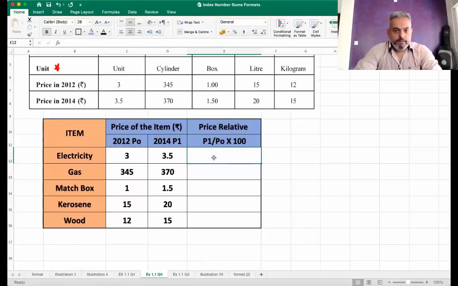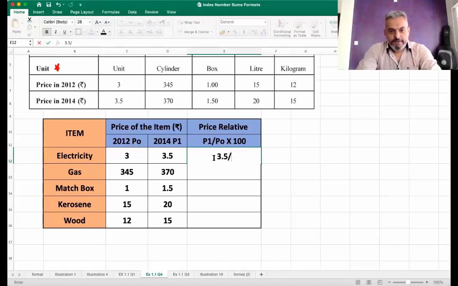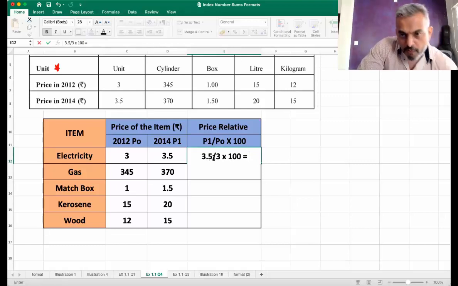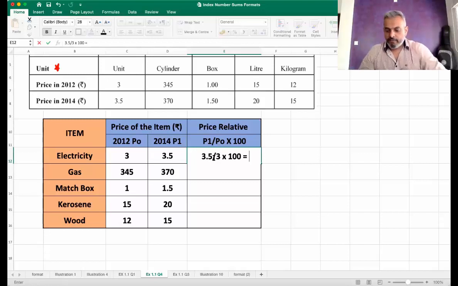Now, P1 upon P0. So 3.5 divided by 3 into 100, which is equal to, take a calculator with you, always keep it with you, 116.67.